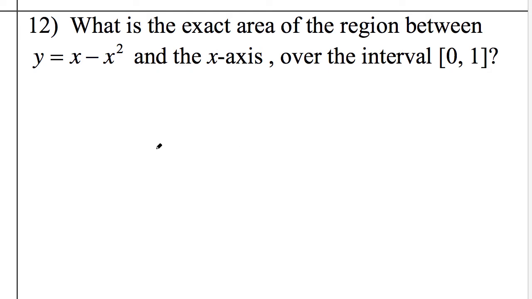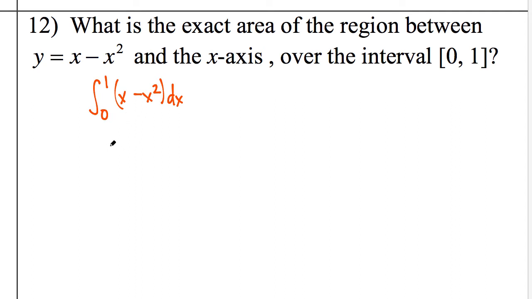It says, what is the exact area of the region between this function and the x-axis over the interval 0 to 1? So this is asking us for the integral from 0 to 1 of x minus x squared dx. This whole phrasing is asking us for the integral for this interval.